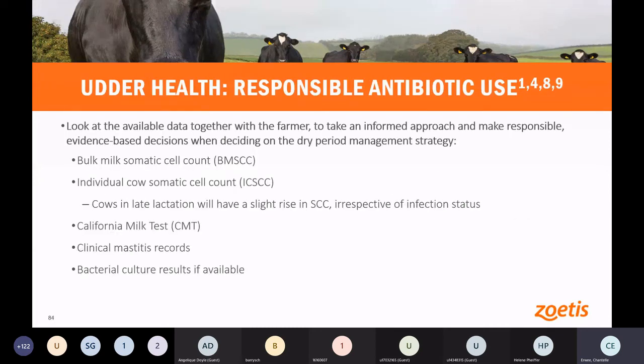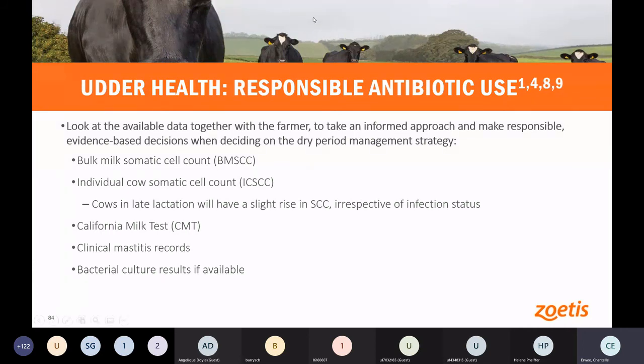Some of the things that you can look at: bulk tank somatic cell count should be readily available. Individual cow somatic cell count, not so much. That would be ideal, but unfortunately it's not readily available. Then the California mastitis milk test and clinical mastitis records, and if they have culture results available.